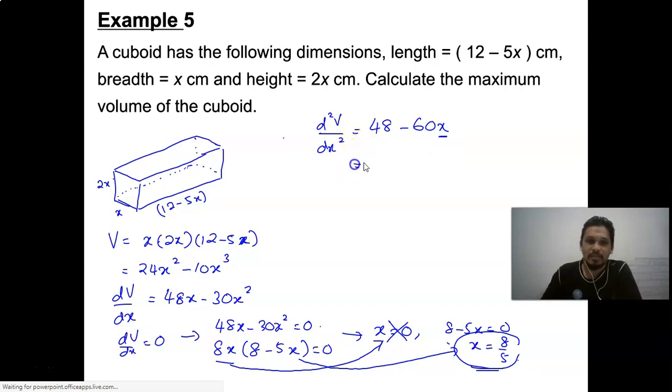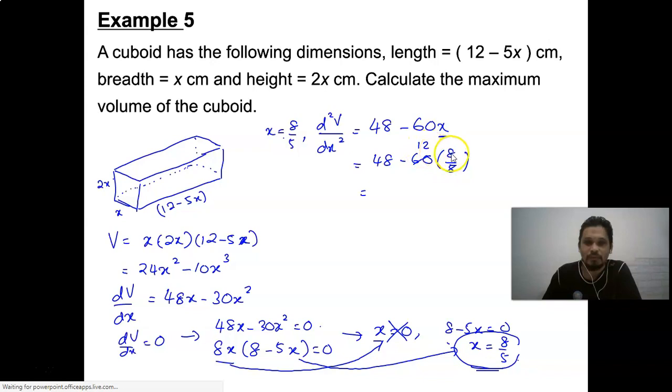When x equals 8 over 5, with the second derivative here, 48 minus 60 multiplied with 8 over 5. 60 divided by 5 is 12, 12 times 5 equals 60.